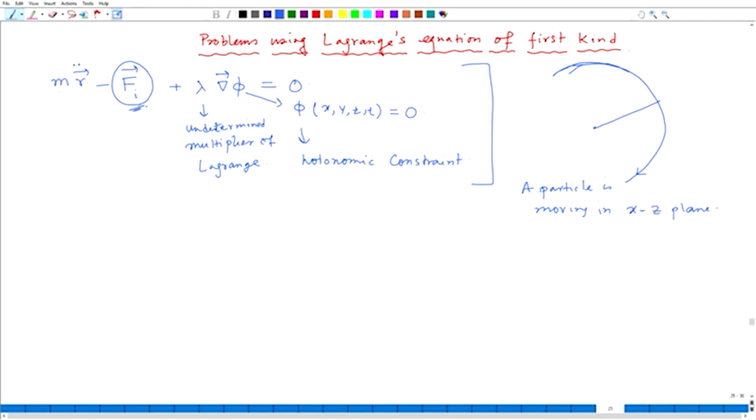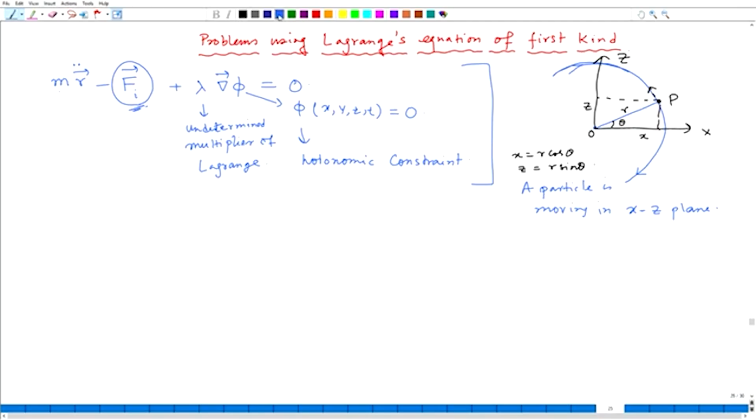I can take this as the x direction and this as the z direction. The particle is at P, this is the origin O, and the particle is moving in a circle in the anti-clockwise direction. If this is the polar angle theta and this is r, then of course x is equal to r cos theta and z is equal to r sin theta, that we all know.